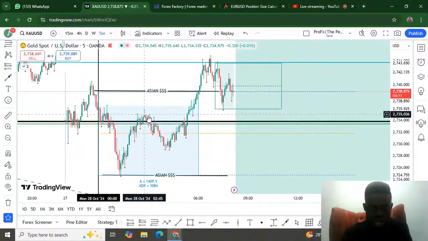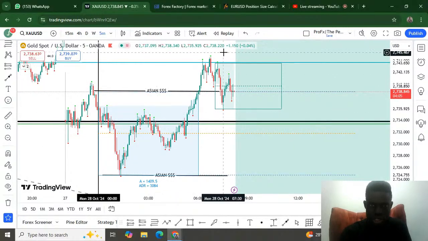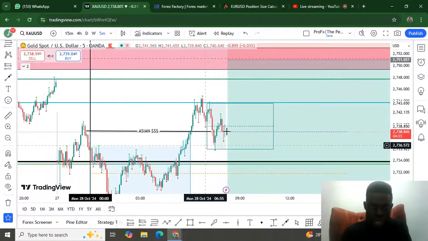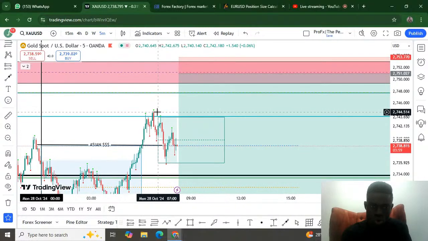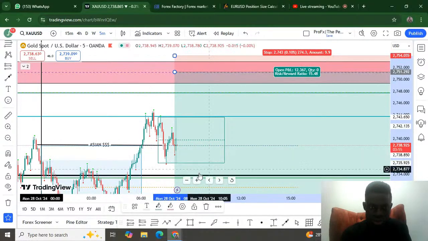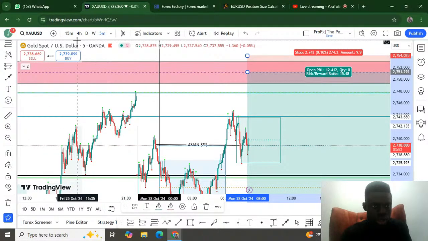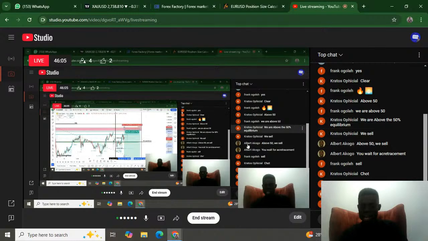Low, high, higher low, higher high. So we are still forming bullish structure, and we are not interested in this structure yet, unless you want to buy, and that is going to be on you. So we are waiting for this sell. Okay, is that clear?